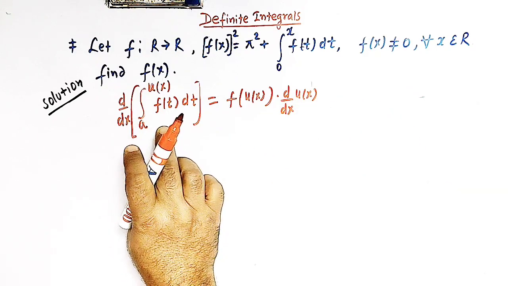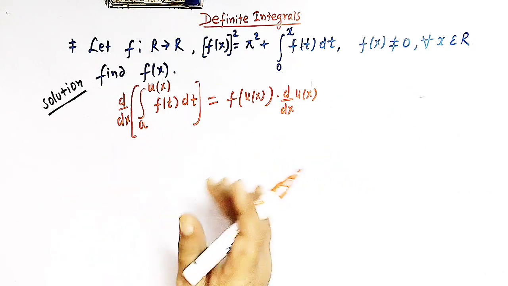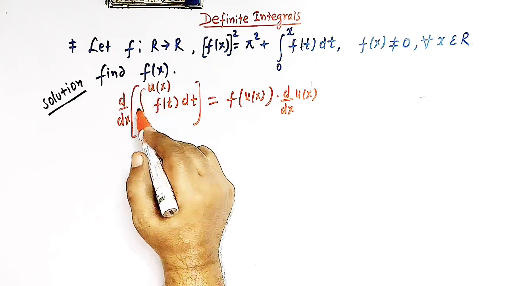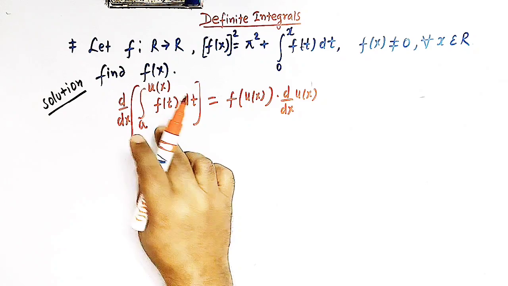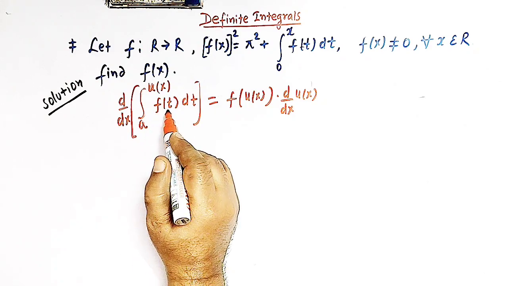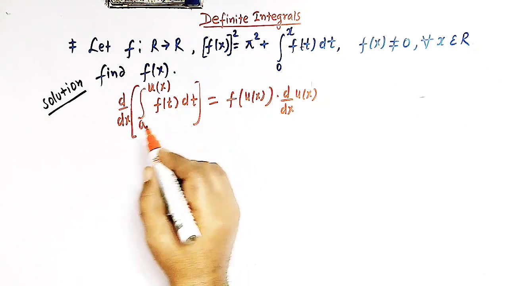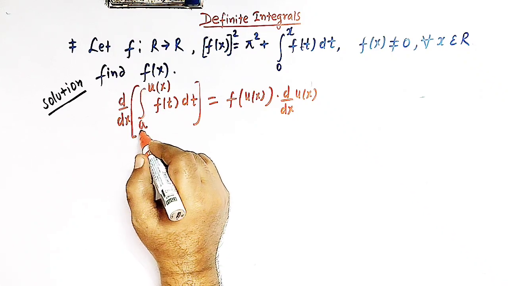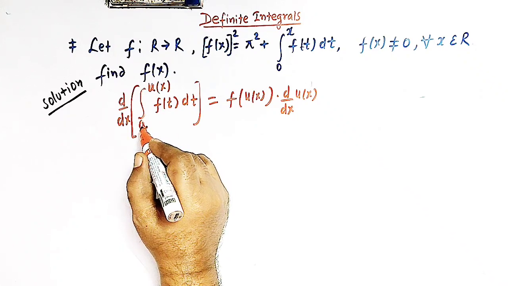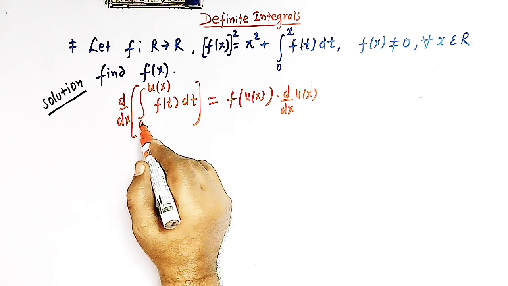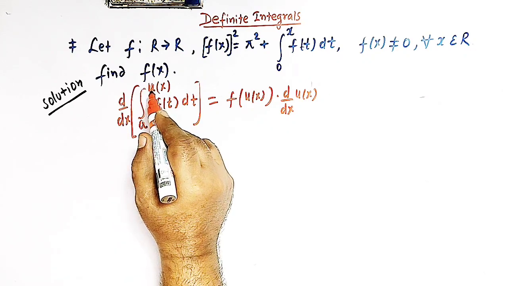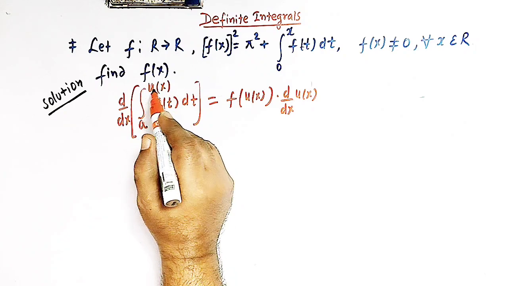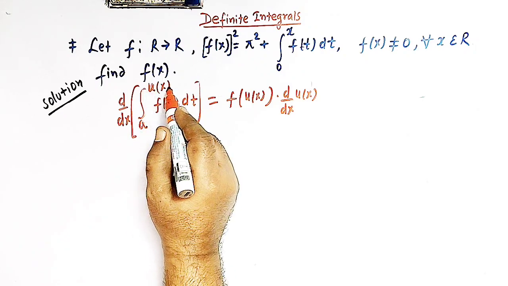So here we are considering a special case of Leibniz integral rule where we have to differentiate this integral where the integrand is f of t, and here we have dt, and the lower limit is a constant, right? So here we are taking the lower limit as a, which is a constant whose derivative is 0, and here the upper limit we are considering a function of x, that is u of x, right?